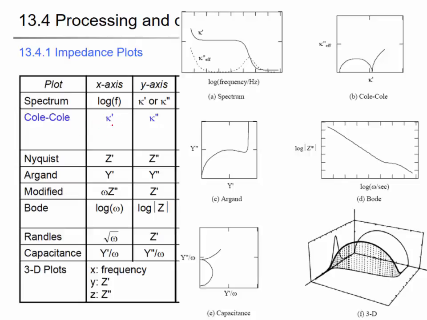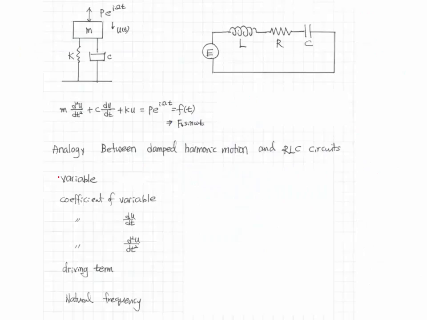And you can plot it as kappa prime versus kappa double prime, and the Argand chart is the y prime versus y double prime, right? So these all have different names, and frequently we use the Cole-Cole chart, the spectrum and the Argand chart.